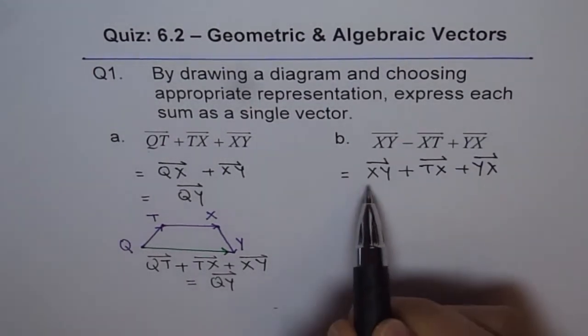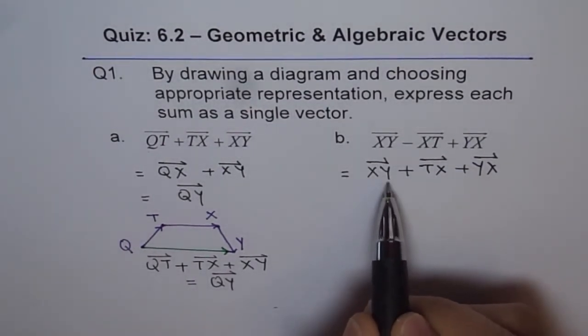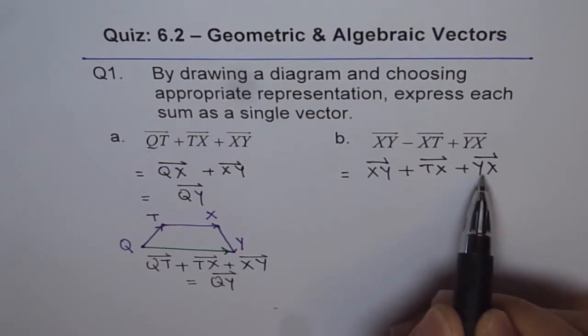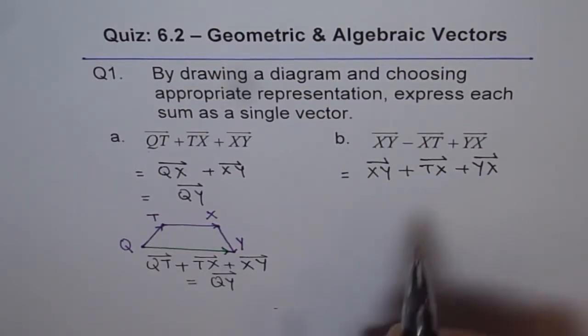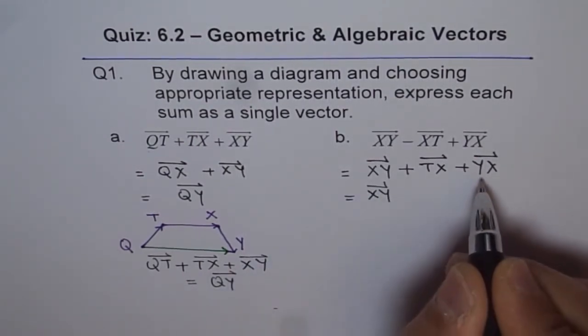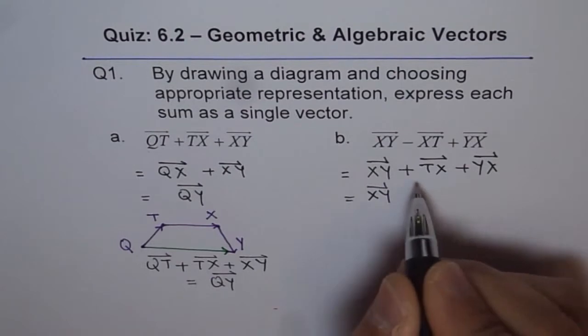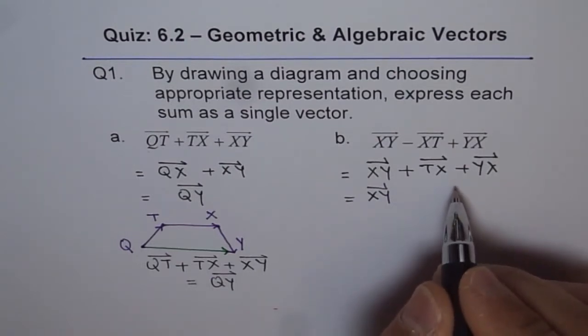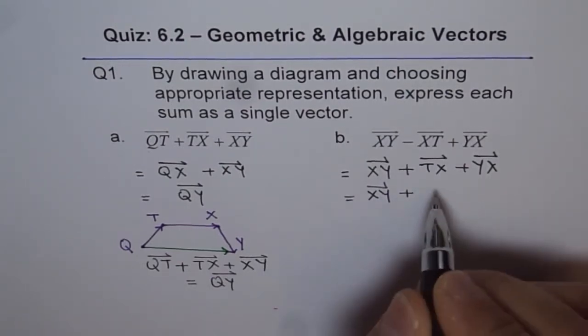Now if you are going from X to Y, you are at Y. So we'll reorganize so that from Y we can go to Y to X, right? So let me reorganize this. I'm bringing this term first, right? When you add two vectors, order does not matter. It's the commutative law.